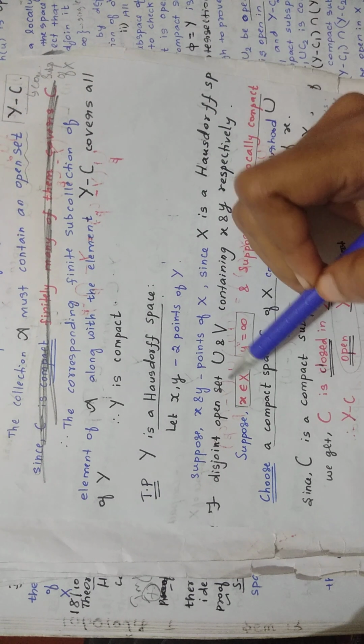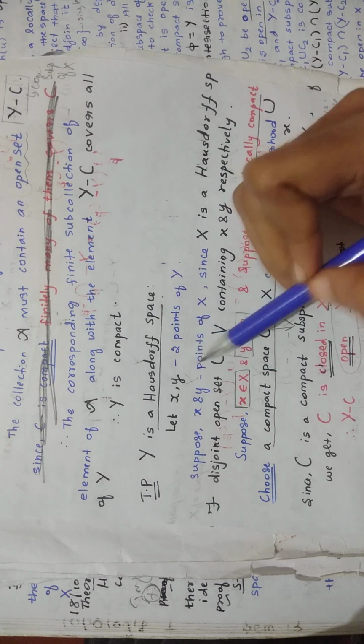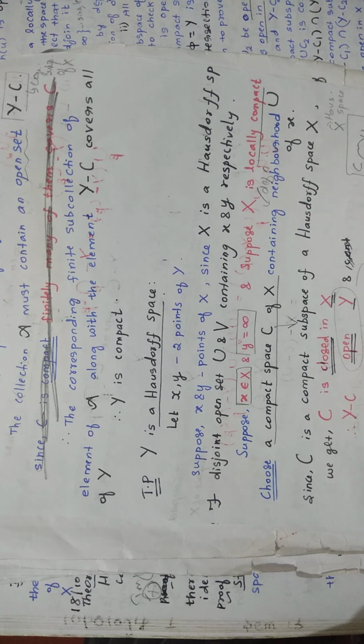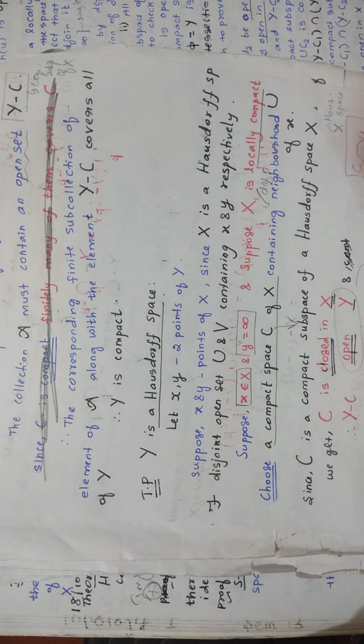So to prove that, first you have to take 2 points. Now, already you have that x is a Hausdorff space, you have written it. So with the help of x, we are going to prove y is a Hausdorff space. Is that clear? Okay, let us prove that.